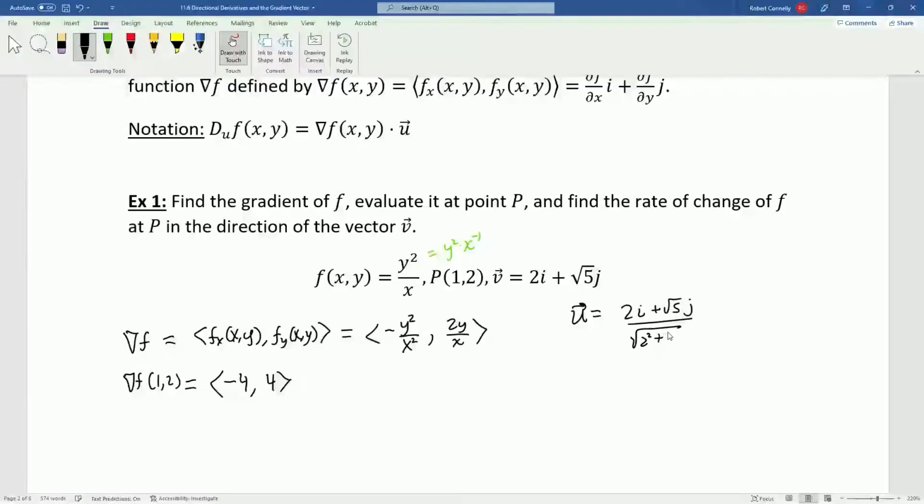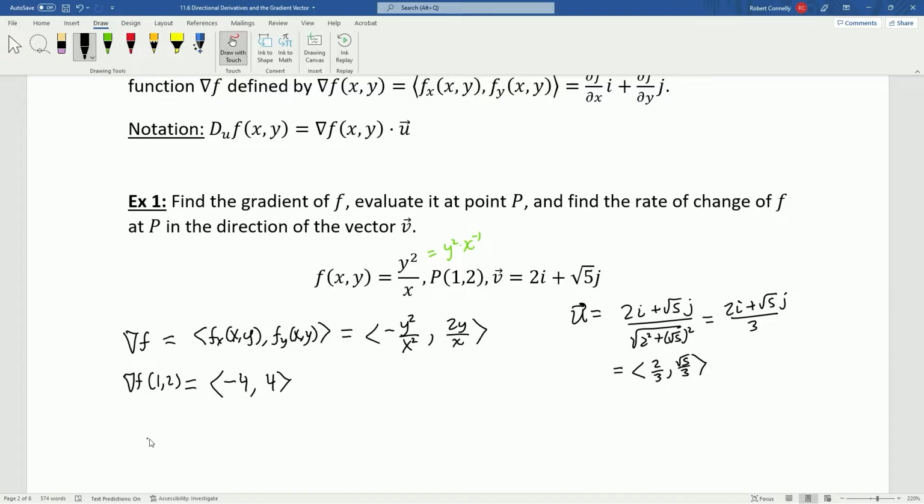So the square root of 2 squared plus the square root of 5 squared. So what do we get here? 2i plus root 5j over, this will be 4 plus 5. It's going to be 9. Square root of 9 is 3. So this is, in bracket notation, 2/3, root 5 over 3.